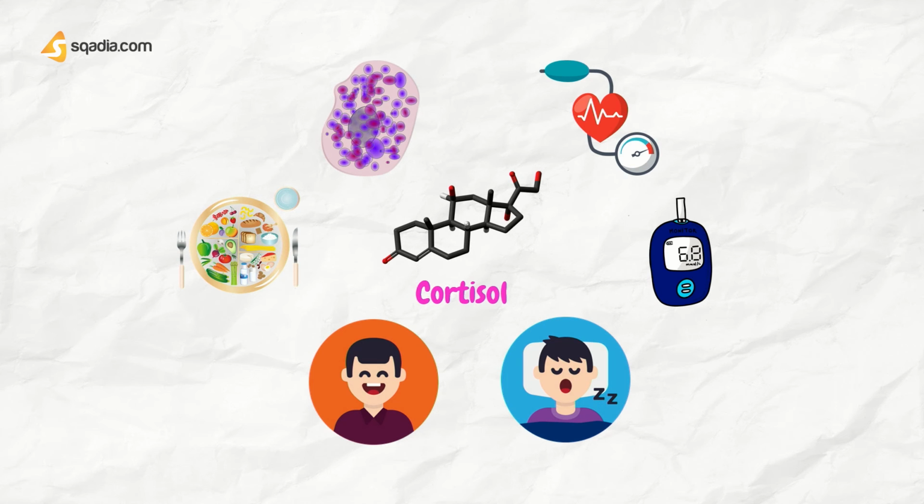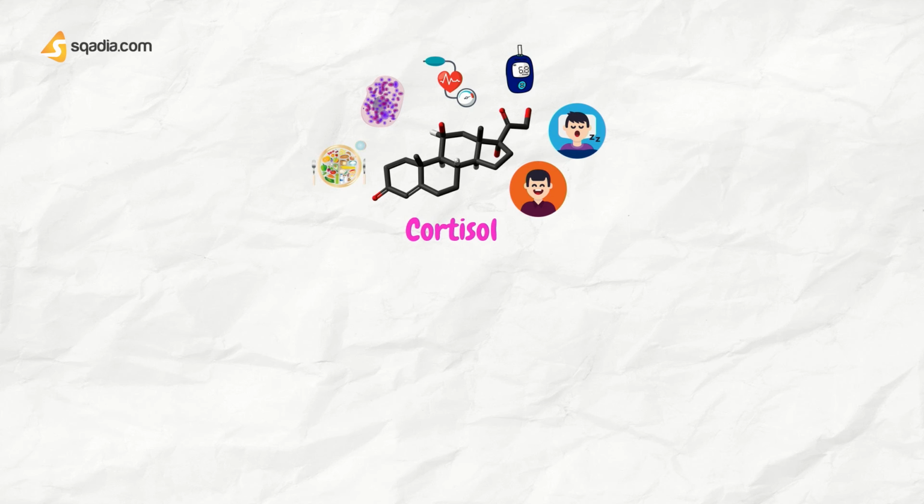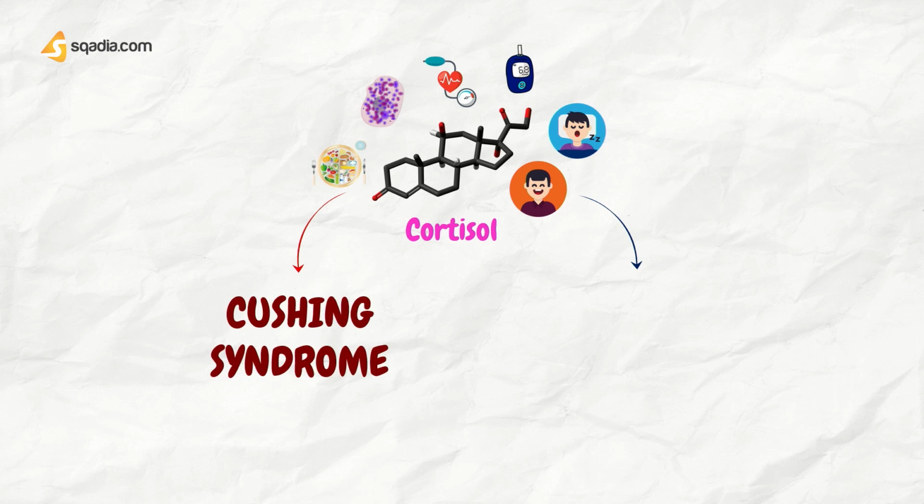Now you must know what happens if there is too much cortisol or too little cortisol in the body. Well, let's talk about too much cortisol first. If a nodule in your adrenal gland or a tumor in the brain's pituitary gland is formed, it leads to production of more cortisol in the body, and this is going to lead to a condition known as Cushing syndrome.